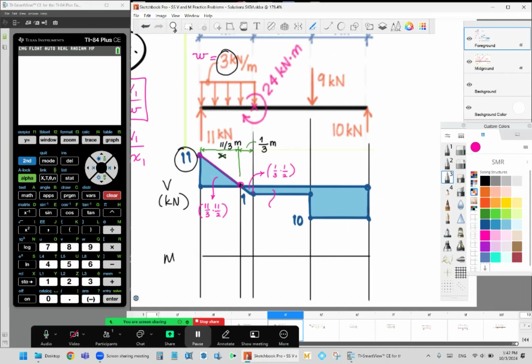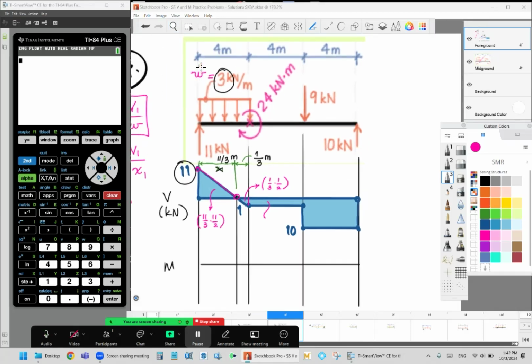This piece here is a rectangle that is 1 by 4, so that one is 4 kilonewtons times meters. These are all magnitudes, I don't put any plus or minus signs with my areas. And then the last one is 10 times 4, which is 40.